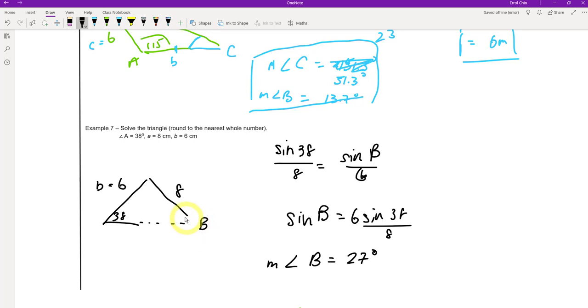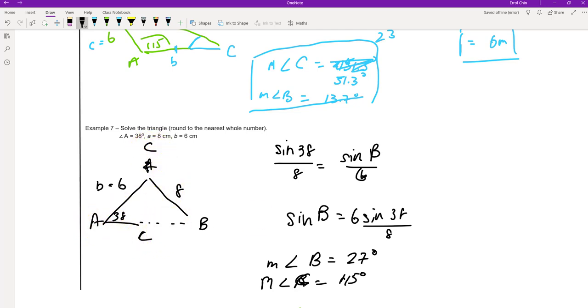So now we just discovered what angle B is. Now, we automatically know what angle A is, right? Because it's equal to 180 minus 27 minus 38. And so measure of angle A, did I say angle A? I meant angle C. Measure of angle C is going to be 115 degrees. Right? 180 minus 27 minus 38. Now the only thing left to do is find, I don't know why I wrote A there. That's actually C, and this is angle A.